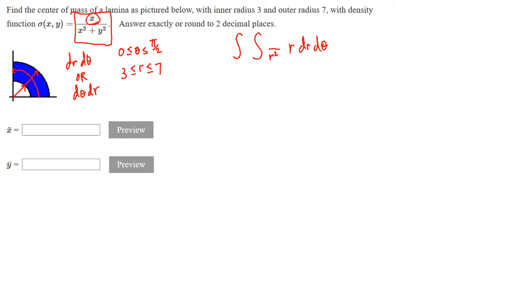Now the top, if you recall, x is the same as r times the cosine of theta. Now there's a lot of things that will cancel here. We've got this r times this r, which is r squared over r squared, so they're going to disappear. And I'll go ahead and rewrite this. So we'll have a double integral, and our integrand will just be the cosine of theta.